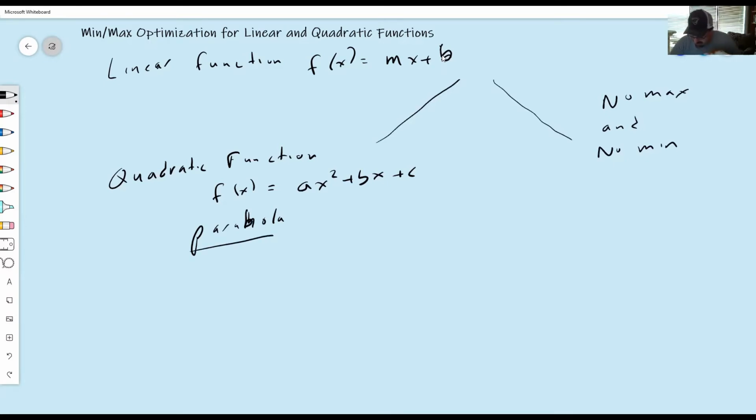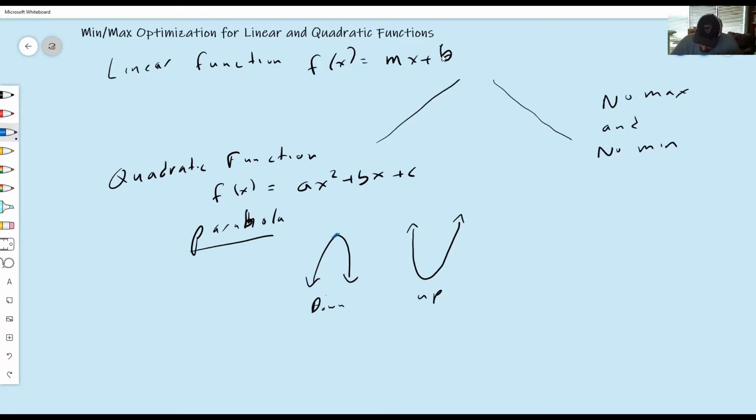And these, they can actually open in any direction, but for us in college algebra, we keep it simple. We open up and we open down. So this one opens down right here. This one opens up.